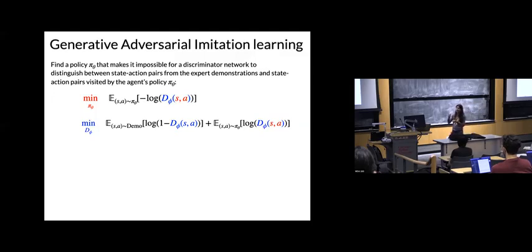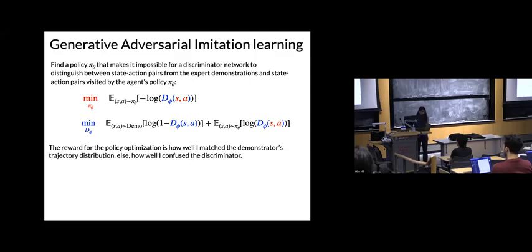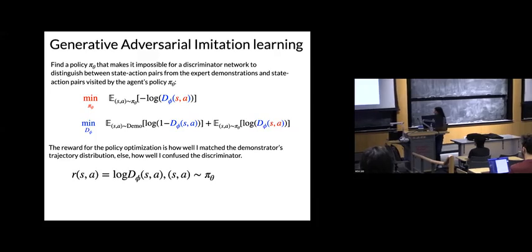Here, the discriminator rewards change because the discriminator is also being trained. Is that clear? So the reward for the policy optimization is how well I confuse the discriminator, which means how well I match the demonstrator's trajectory distribution. Here is the reward: the log of this D phi.